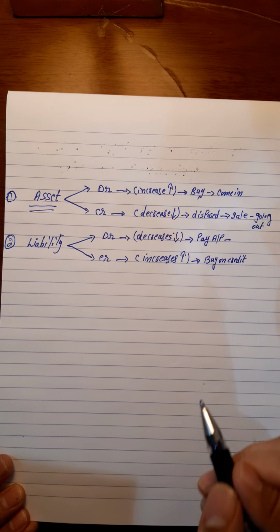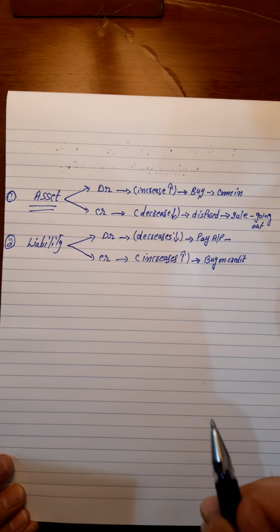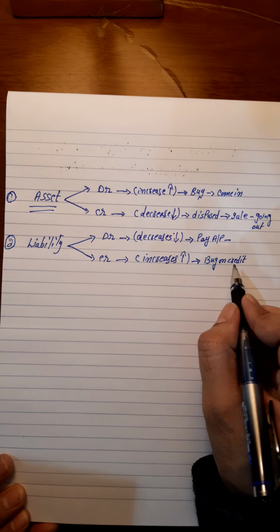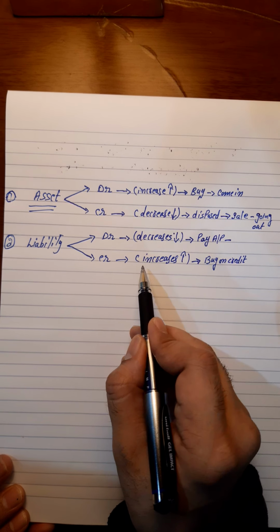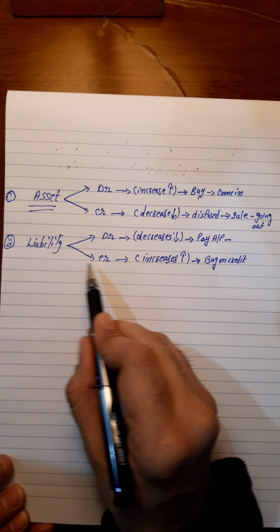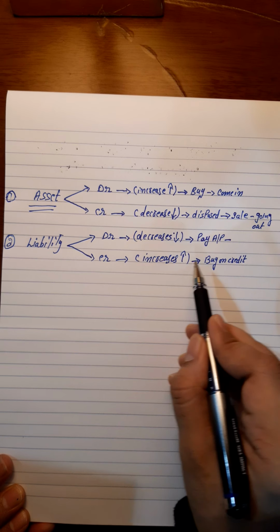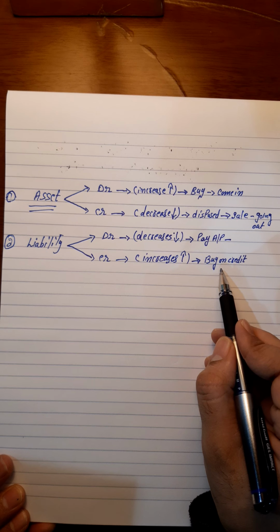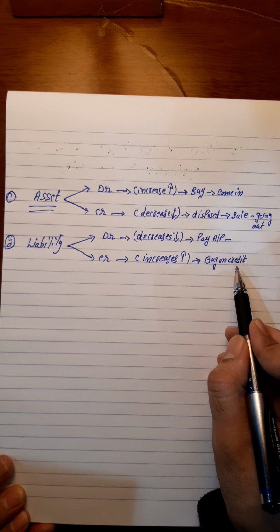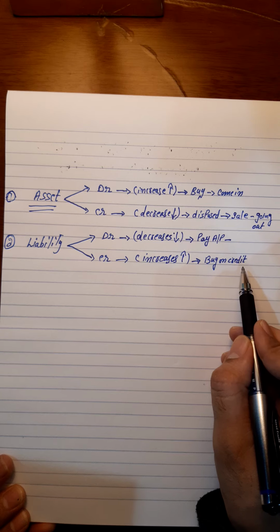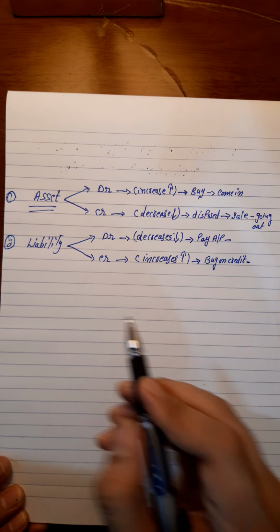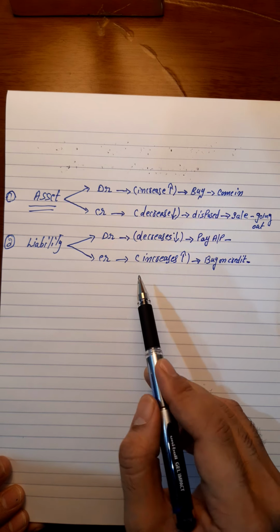If someone gets these basics, he can do any entry in accounting on this base. Liability will credit when it increases. How does liability increase? When we buy for our business on credit. Okay, we will do each one's entries.